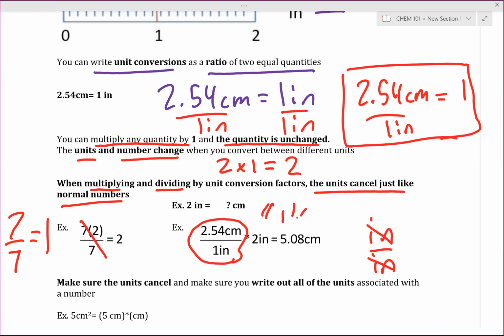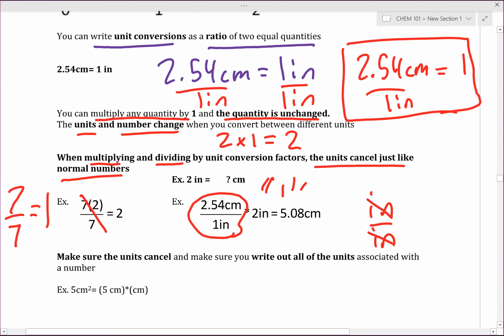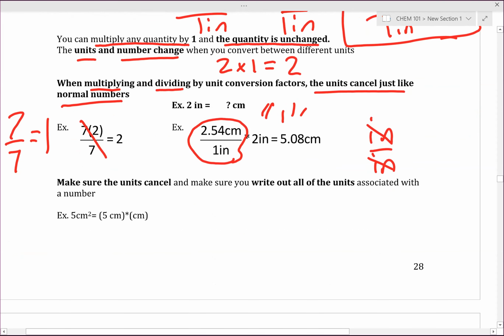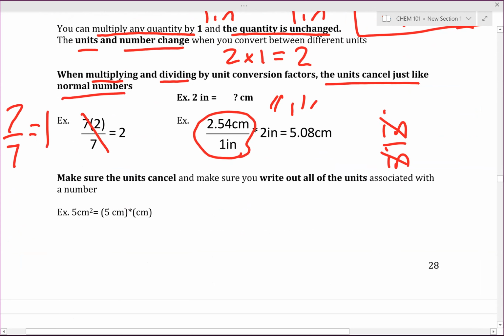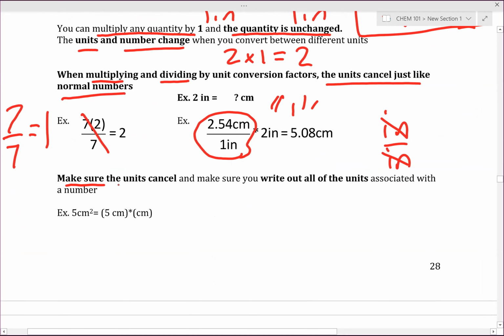Okay. So just a side note, one thing that I see that's super common in unit conversions that's especially problematic is make sure that your units cancel and that you write out all of the units. We're going to talk about composite units later on in this lecture, but for example, when you have 5 centimeters squared, this square is telling us that, just like before, when we have an exponent, the exponent indicates the number of times the base is multiplied by itself.